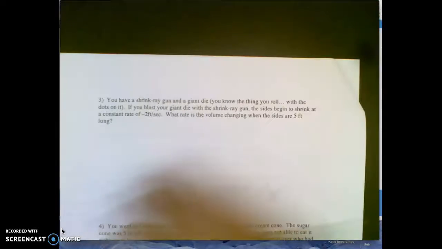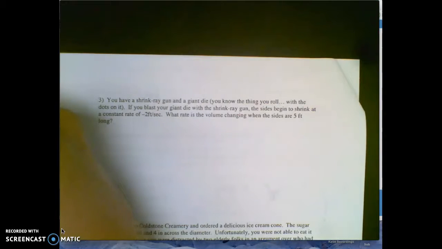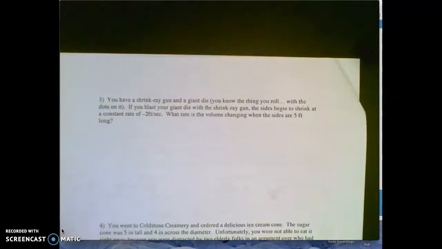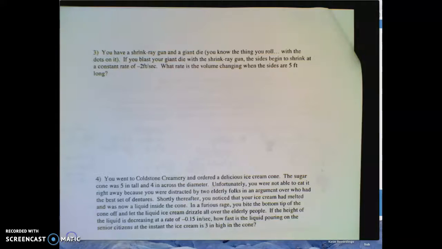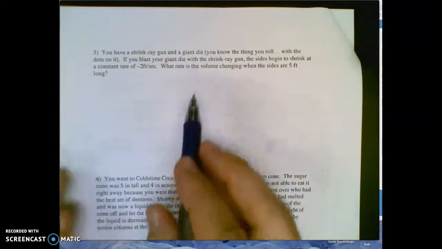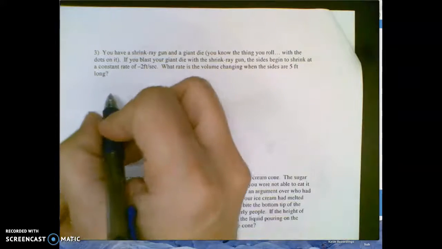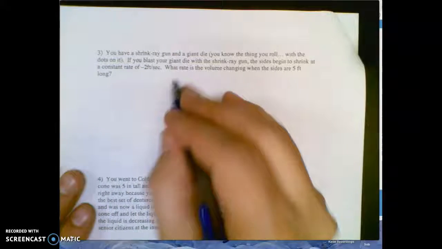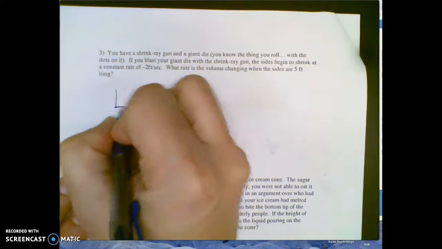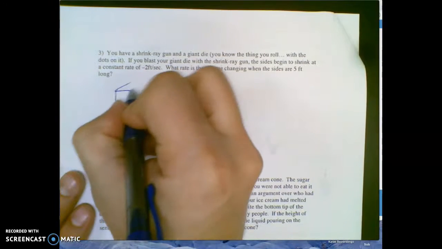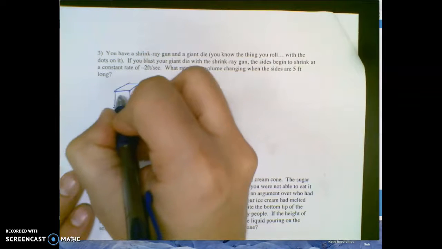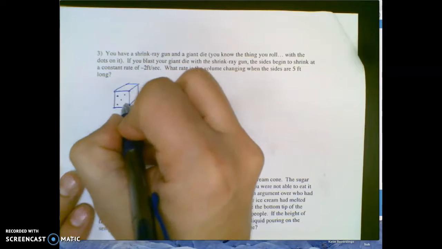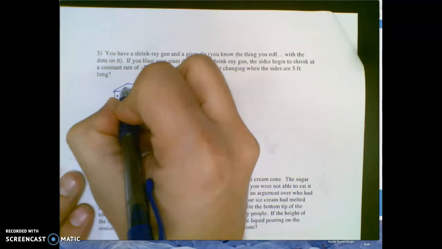All right. So on this one, we have a shrink ray gun and a giant die, the kind you roll, like the thing you roll with dots on it. You blast the giant die with a shrink ray gun. So we start off with a giant die. We're imagining this thing's huge, right? You got your 5 sides, you got your 3 and 1.